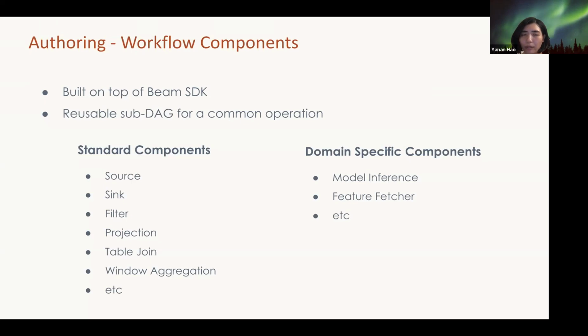For example, machine learning applications always need a machine inference component that executes a model for predictions. And we also have a feature fetcher component that can read predefined features from LinkedIn's virtual feature store.